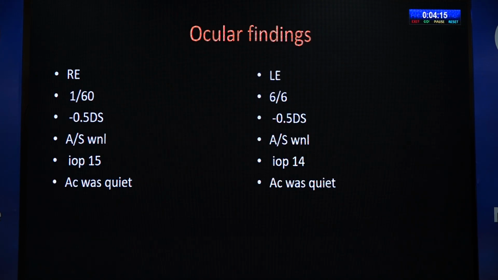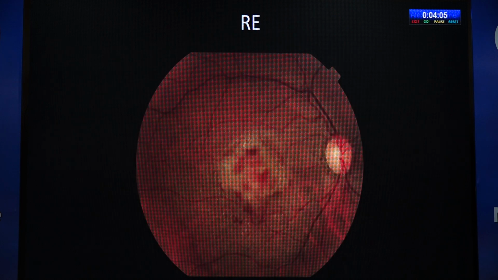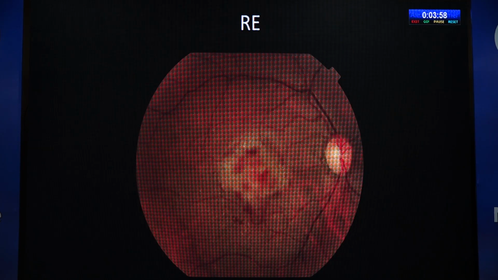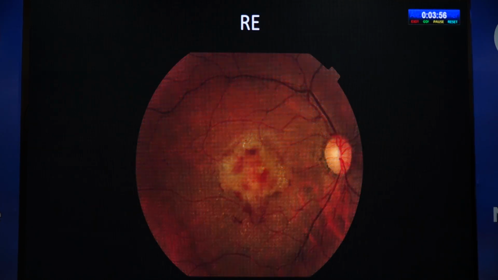On ocular examination, the right eye had a visual acuity of 1/60, and the left eye was 6/6. The rest of the anterior segment evaluation was okay. Now when we come to the right eye fundus photograph, we can see there is a yellowish subretinal lesion of around 2 disc diameters, admixed with some subretinal as well as intraretinal hemorrhages.